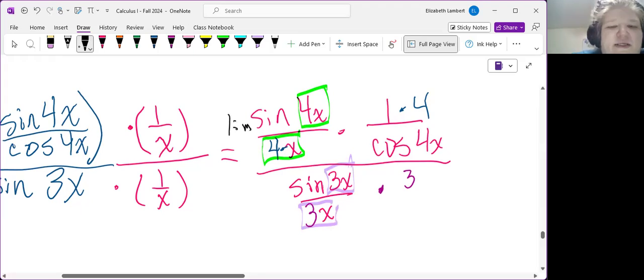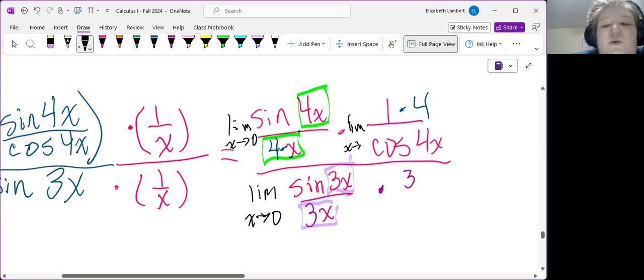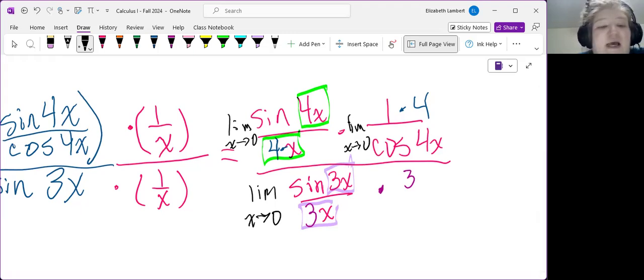Well, let's go ahead and sneak in our limits. And this is one of the reasons why I like the colors and I like the video. Later on, that's in a different color, so it was a different step. And you can see before I didn't have it, now I'm putting it in.